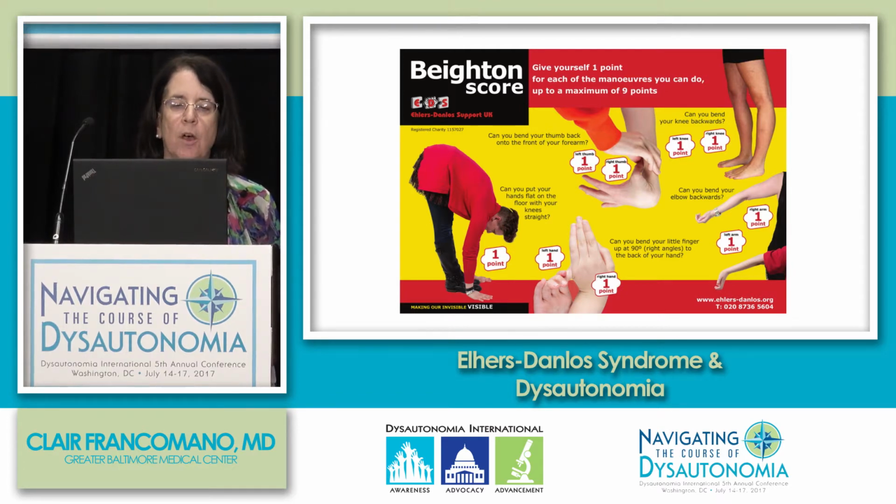You see here, this woman is bending over and putting her palms to the floor. If you can do that without bending your knees, you get 1 point for palms to the floor. Then there's 1 point each for putting your thumb to your forearm, right and left, so you can get a total of 2 points for that.